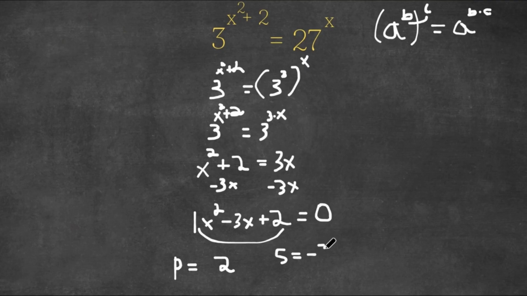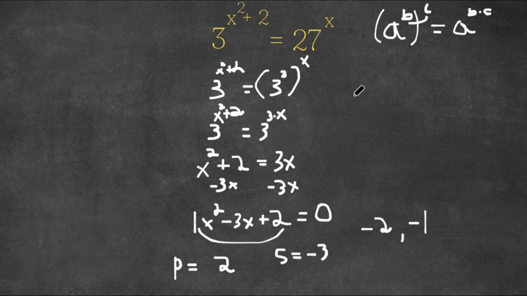So we have to figure out what two numbers multiply to get 2 and add up to get -3. Those two numbers are -2 and -1, because if you add these two, you get -3, and if you multiply these two, you get 2.